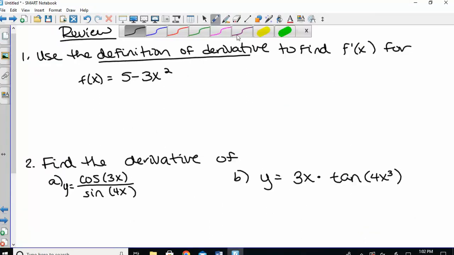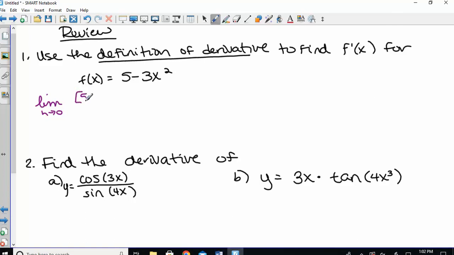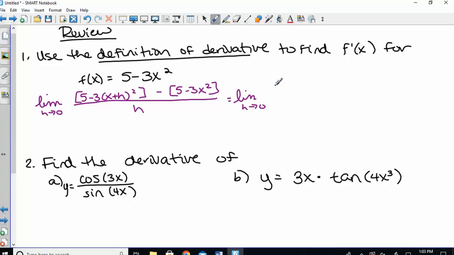Just so we can. Definition of derivative is what? f of x plus h, so that would be 5 minus 3 times x plus h squared, minus f of x, all over h. So we get 5 minus, can I distribute the -3 and FOIL at the same time?